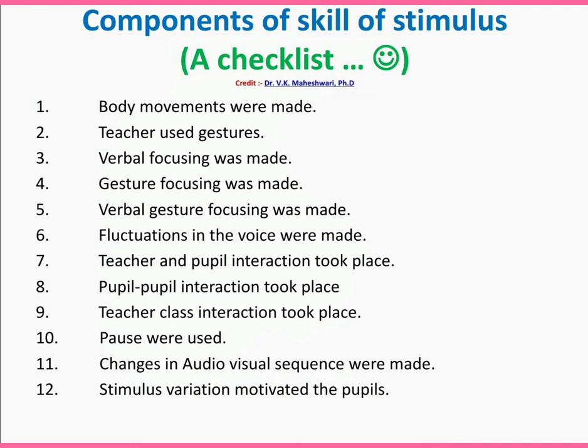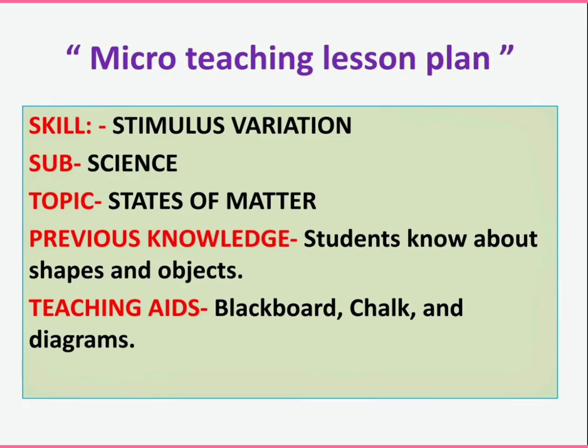On the basis of these important concepts, one can rate themselves very easily how effectively a teacher has used stimulus variation during his or her lecture. So whether body movement was made or not, teacher used gestures or not, verbal focusing was made or not, etc.